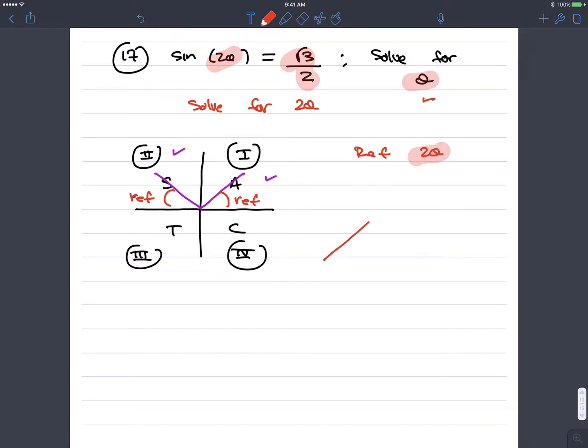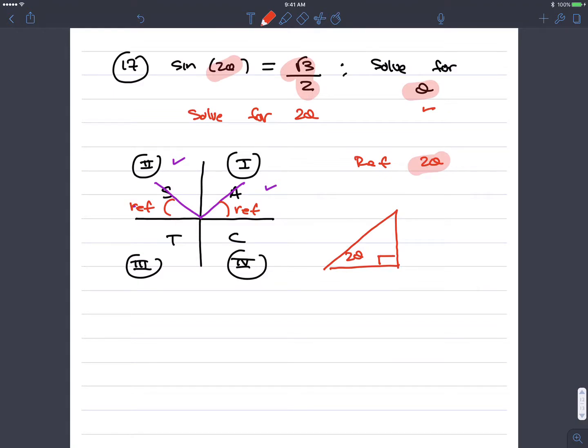Okay, let's see the effect. So here's my right triangle. I have 2 theta here. And what I know is that sine of 2 theta is the square root of 3 over 2. Is that right? Sine 2 theta is square root of 3 over 2.